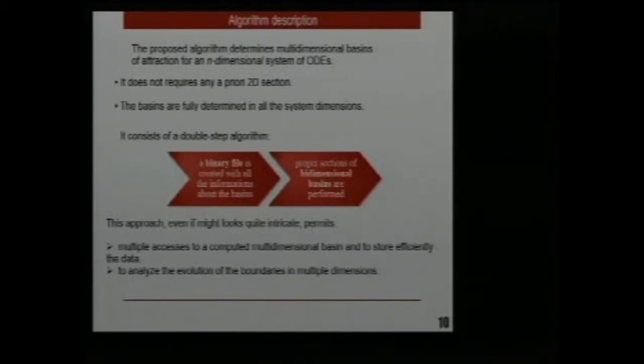We want to build the basin of attraction of the whole phase space, not only a section at the beginning. So we determine the whole basin of attraction. Of course, from a drawing point of view, we represent only a two-dimensional section, but we determine the whole basin of attraction.